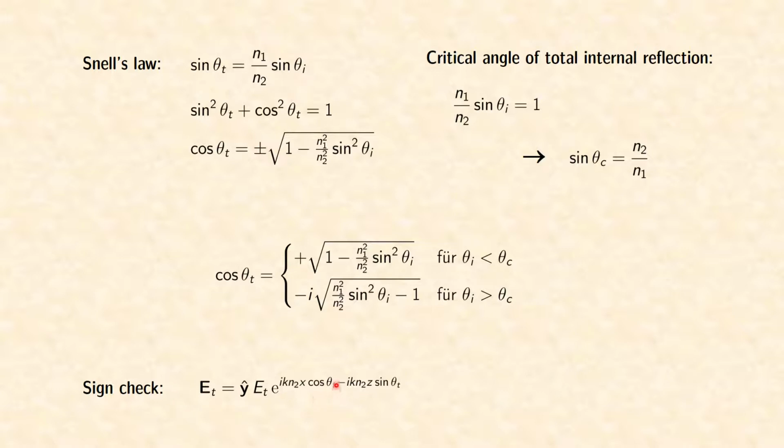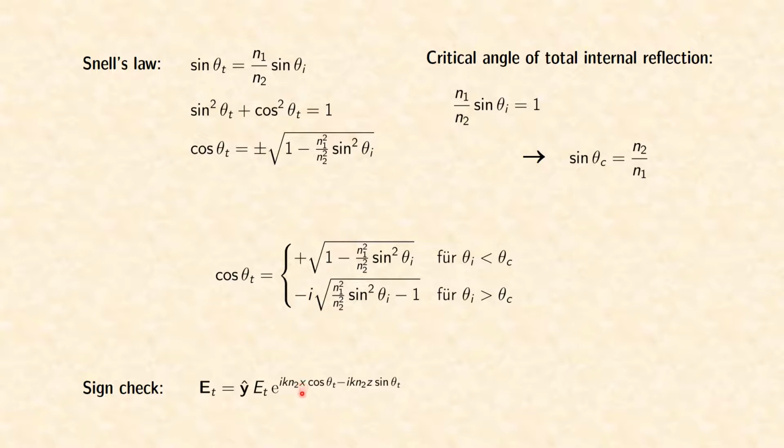And what we need to take into consideration is the first term of the phase, because here we have the cosine theta t, and we see that the transmitted wave propagates in the same x direction as the incident wave.